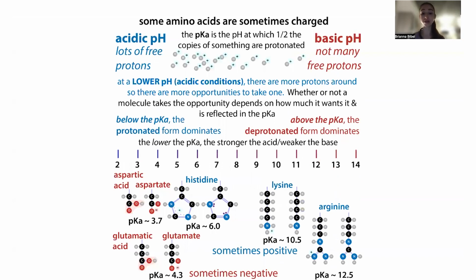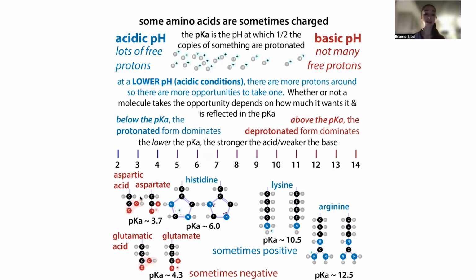We call the amino acids that have a positive charge basic, because by one definition, a base is something that accepts a proton. Histidine in its neutral form can accept a proton and act as a base, becoming positively charged. On the other hand, we have acidic amino acids, and an acid is something that donates a proton.